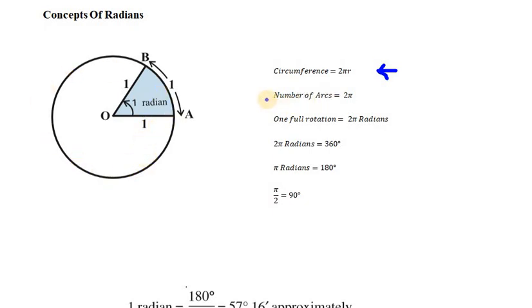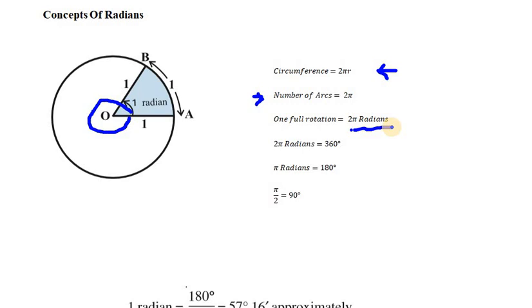So the number of arcs which can cover a whole circle is 2 pi. That means one full rotation equals 2 pi radians, starting from the initial side OA and ending at the terminal side OA again. So it is 2 pi radians.